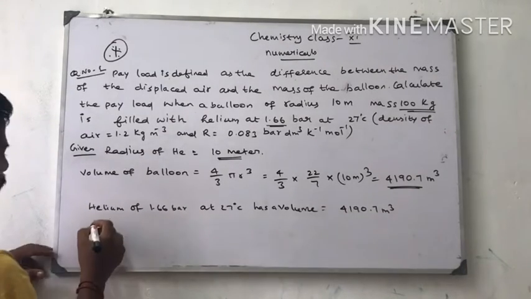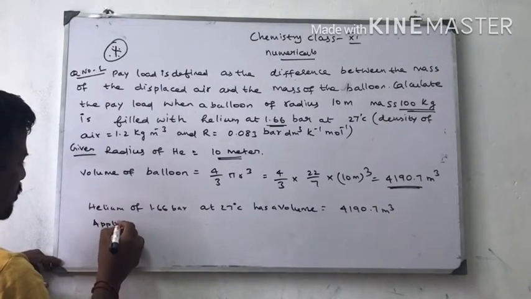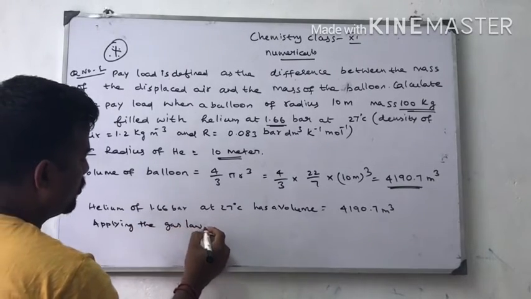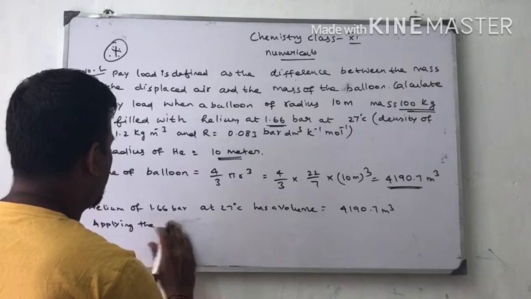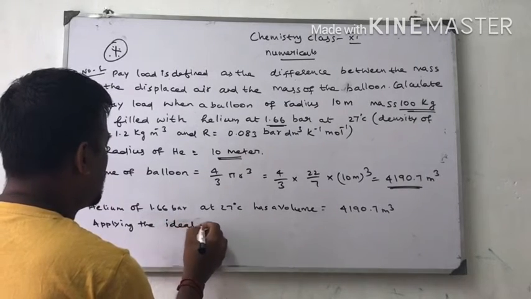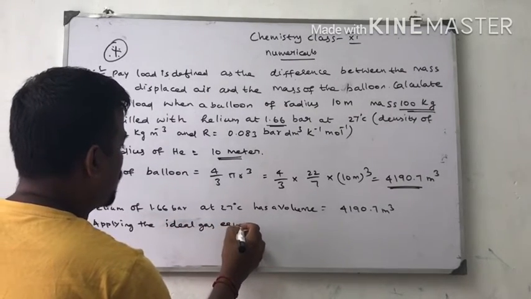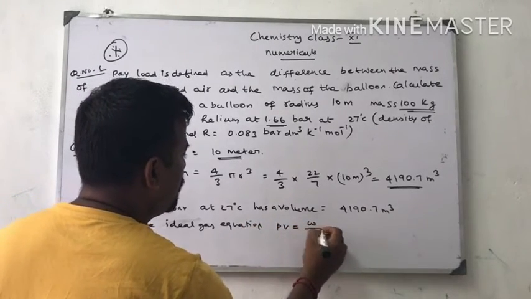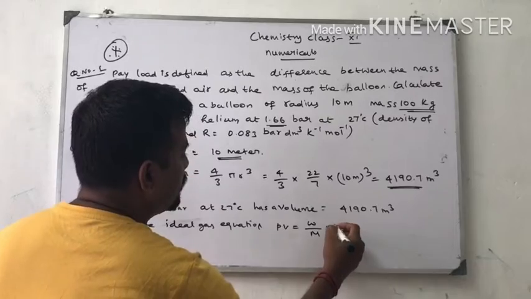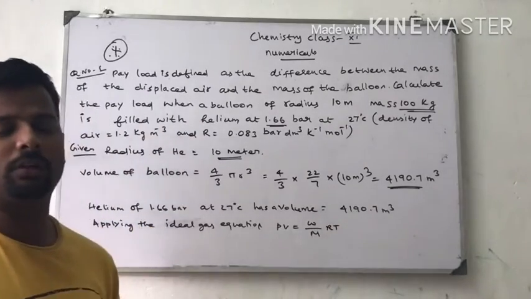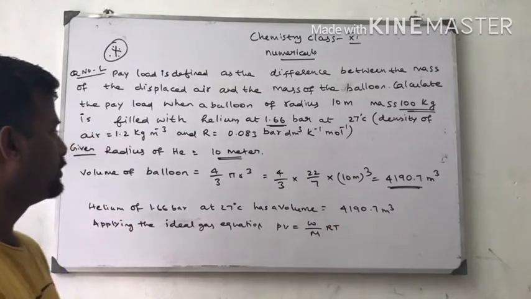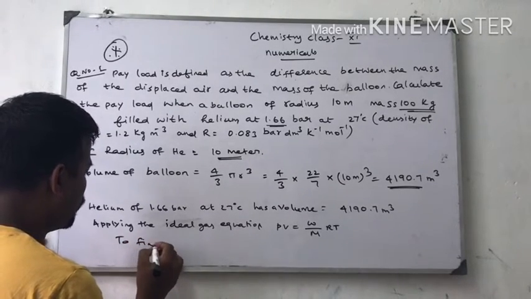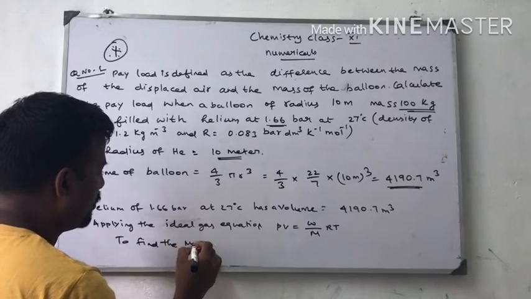Right? Applying the ideal gas equation: PV is equal to W by M into RT, where n is equal to given mass by molar mass. From this, we find the mass of helium.